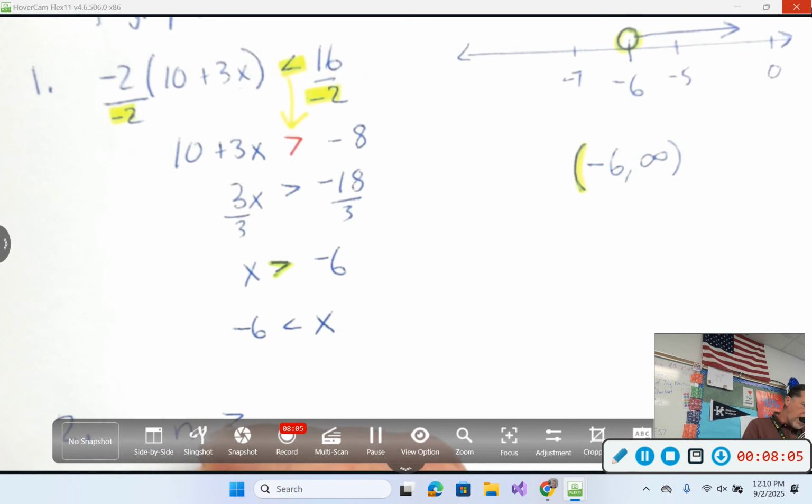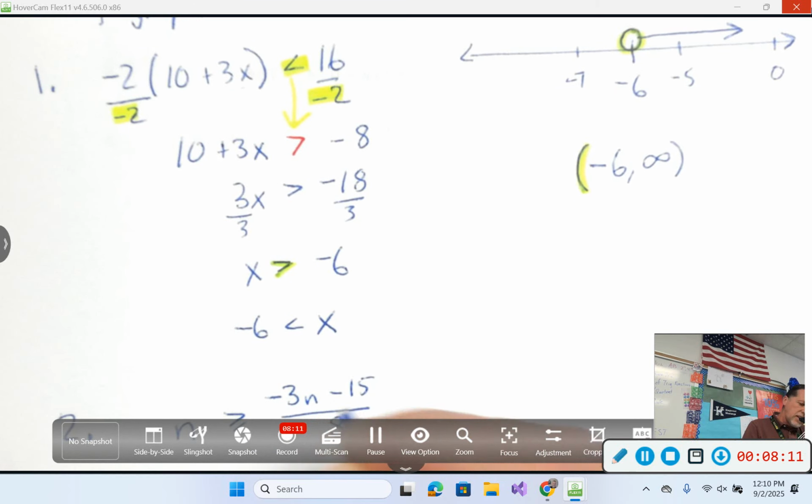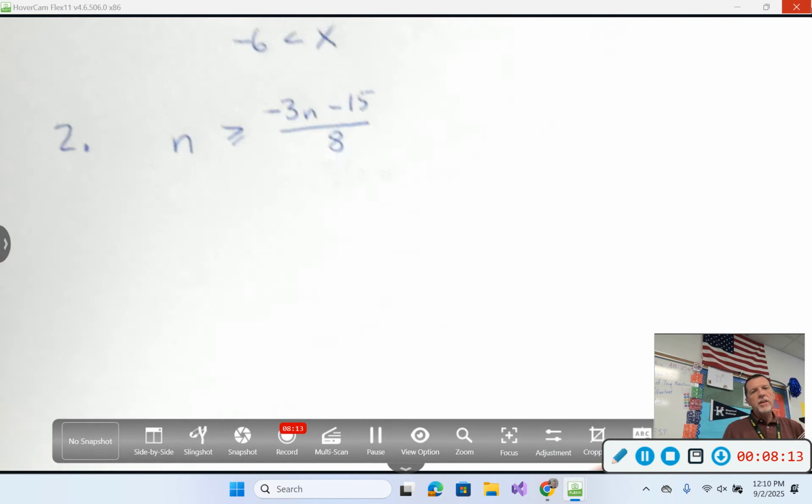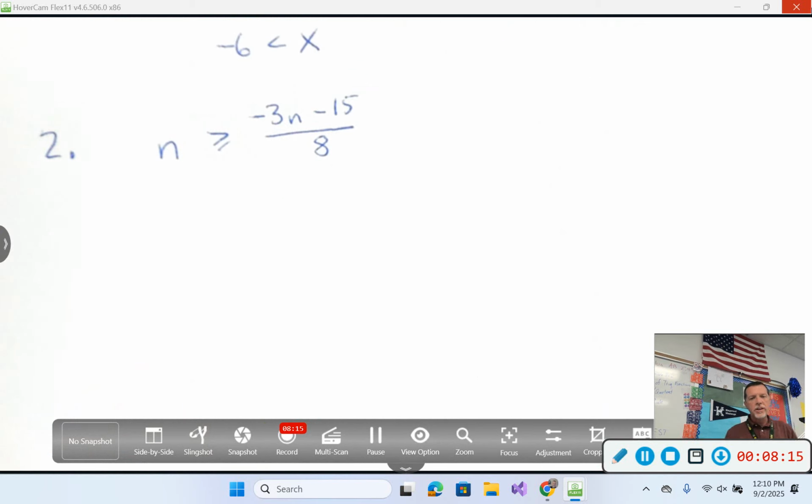Oh, let's do one with fractions to mess people up. And negatives. N greater than or equal to negative 3n minus 15 over 8. All right, fraction all-stars. What would you like to do first?